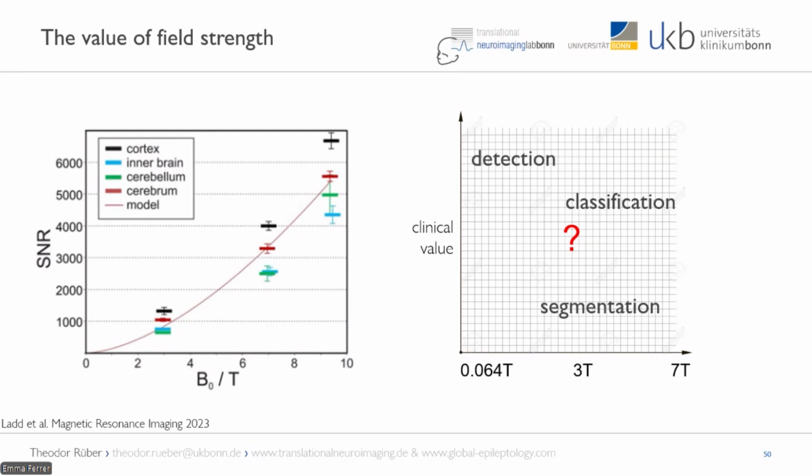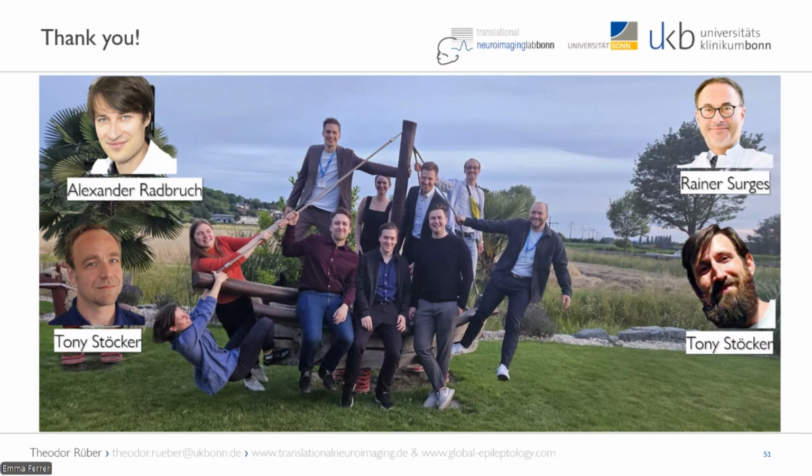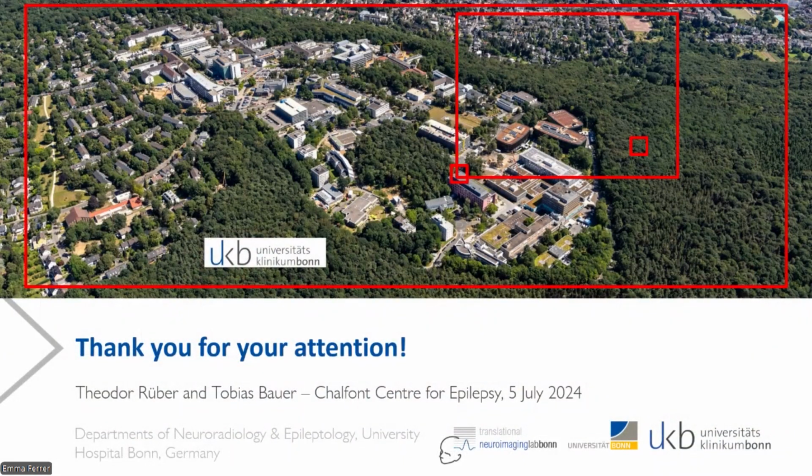So the idea is that we use this case in epilepsy to maybe create a more equal access to different field strengths, and that we use more the advantages of it, and maybe also that this helps us to steer clear of the disadvantages. So with this, I'd like to thank in particular Rüdiger Stirnberg, and I thank you for your attention, and I'm looking forward to your questions and discussions.